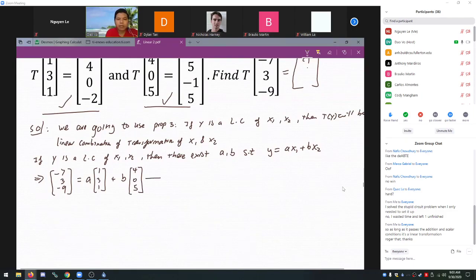All right, so remind ourselves that this guy is the vector form, yes? So we can jump into the matrix right away, right? So therefore you have 1, 3, 1, 4, 0, 5, and then -7, 3, -9.